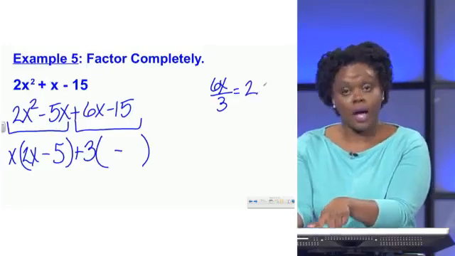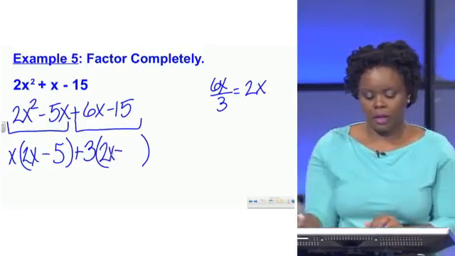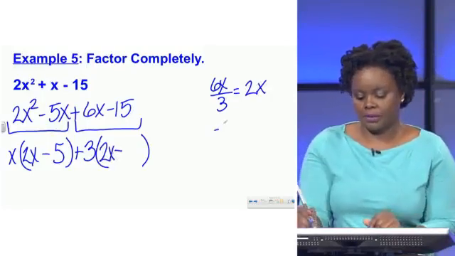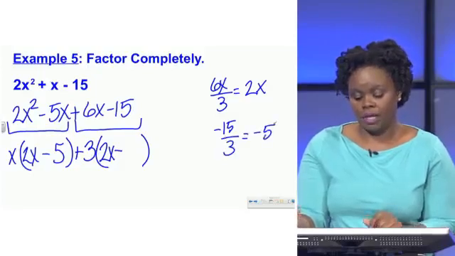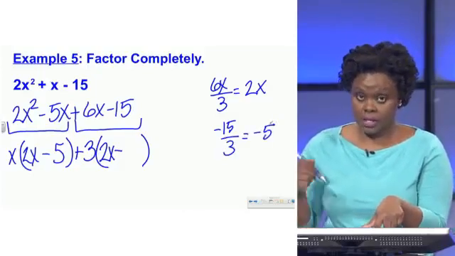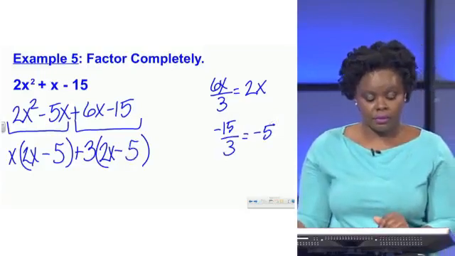And I have an x up top but nothing on the bottom, so it just carries along for the ride. And then I have negative 15 divided by 3, which is negative 5. I already wrote the negative part in there because I knew it was going to be negative. So there's my 5.